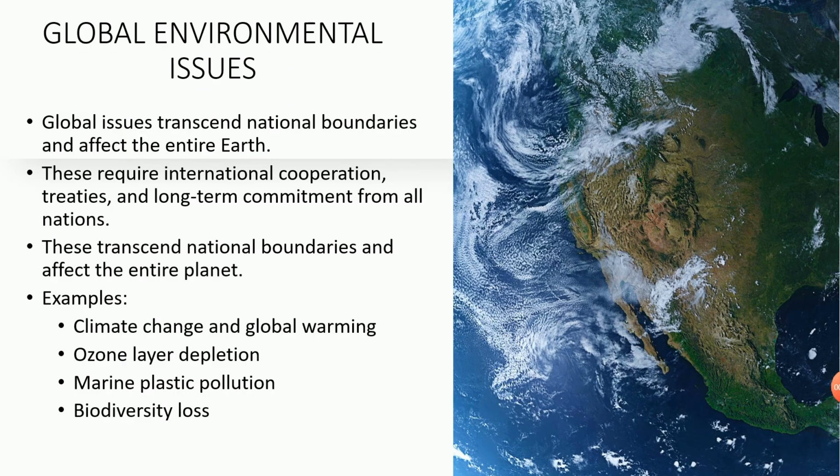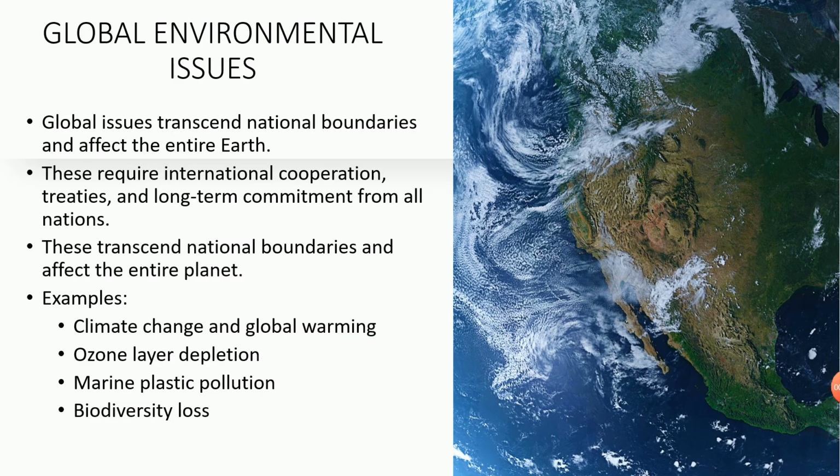Now come the global environmental issues. Global issues transcend national boundaries and affect the entire earth. Since this is large scale, containing it requires international cooperation, treaties and long-term commitment from all nations. They are given here: ozone layer depletion, then marine plastic pollution, and then climate change and global warming.